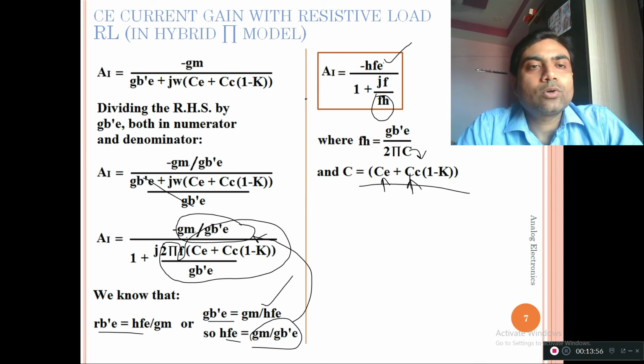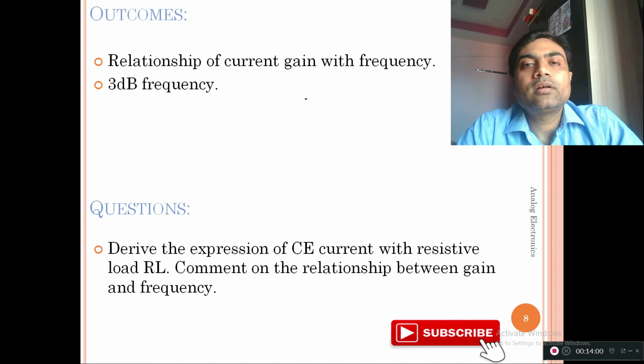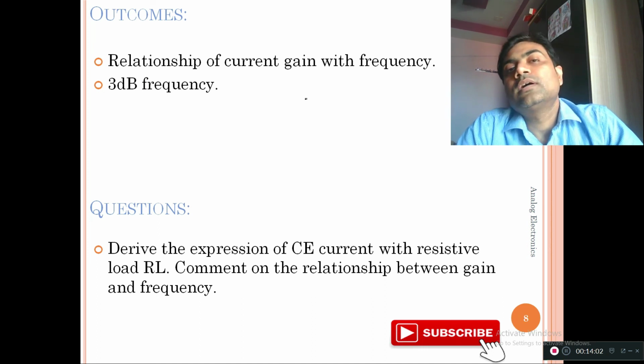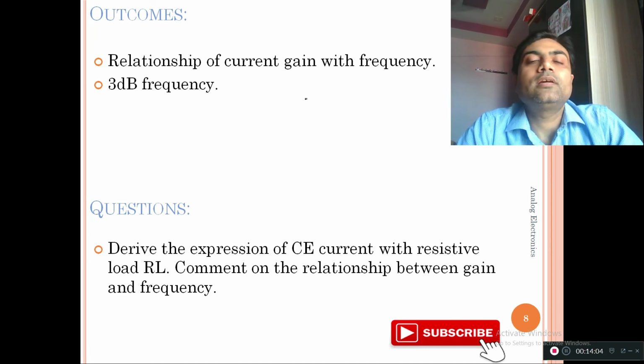So that's all for today's lecture, and we have come to know what change occurs when we apply the output resistance, that is the load resistance, in the current gain, what is the relationship between the current gain and the frequency, and how the 3 dB frequency term has changed from fb to fh.